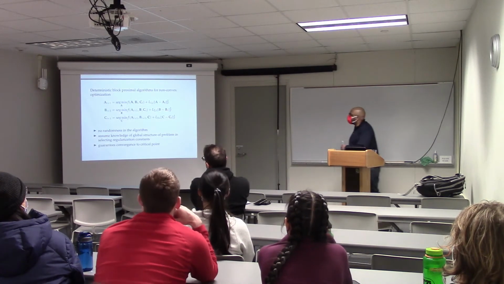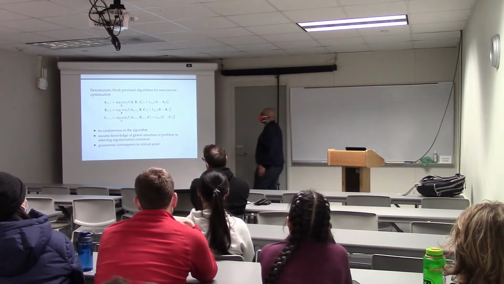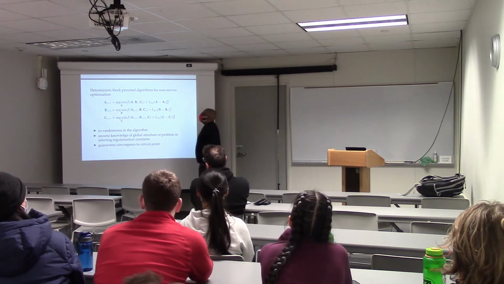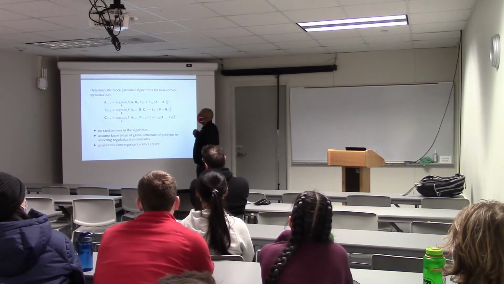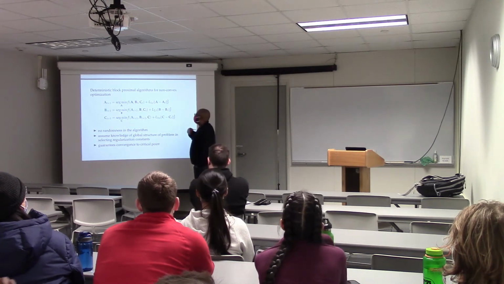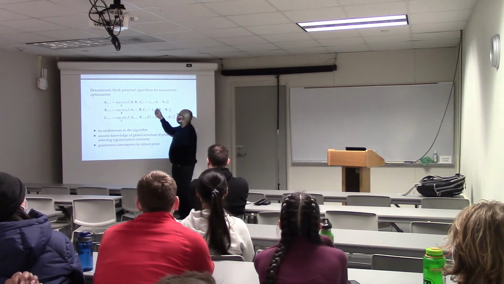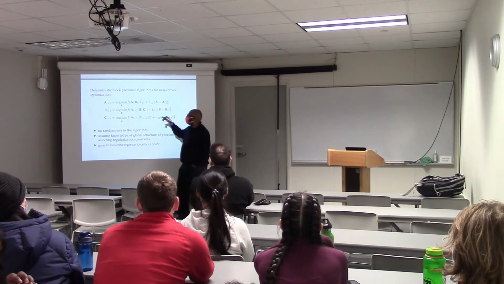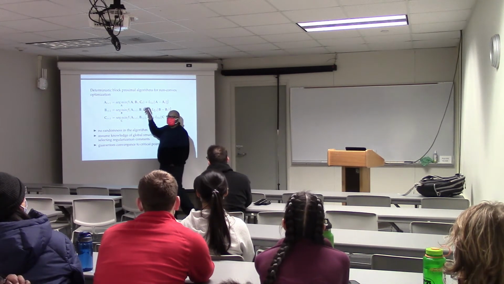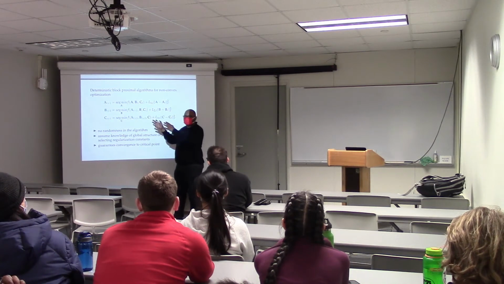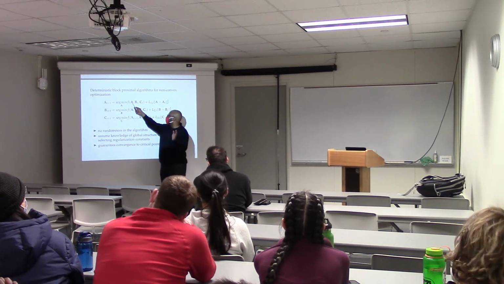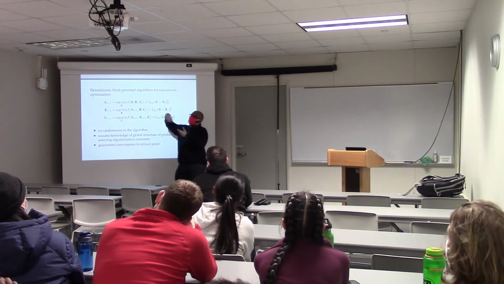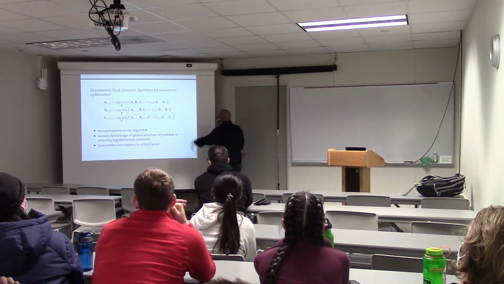Then the deterministic block proximal algorithms for non-convex optimization consider problems that look like this. They assume that you have some regularizers on your variables, so your variables are divided into groups. In this case, we have a variable for the row space, column space, and the order or mode 3 space.